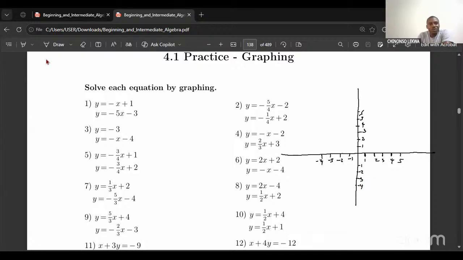So, for example, if we want to plot the first line, this is y is equal to -x plus 1. We already know that the slope here is -1. I'm trying to be careful here so we don't plot it wrongly. Your graph is even looking almost perfect.